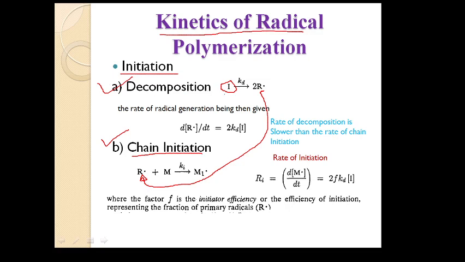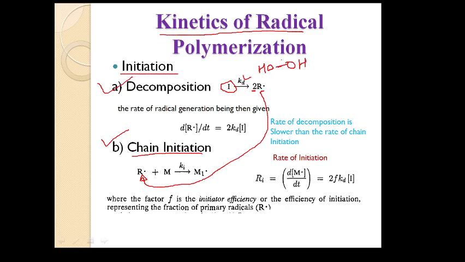What happens in decomposition? If you take any initiator I, it dissociates with rate constant Kd into 2 R dot. Since this 2 is representing the homolytic cleavage, we can take an example here. If I have hydrogen peroxide as an initiator, we represent hydrogen peroxide as HO-OH. There is a bond between these two oxygen atoms.